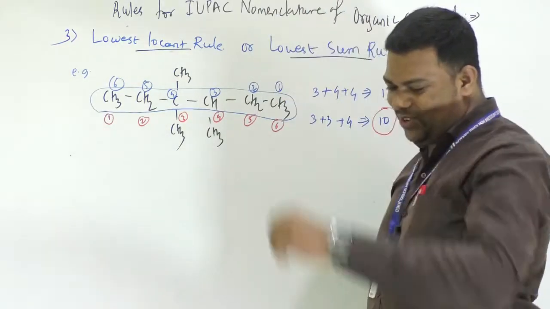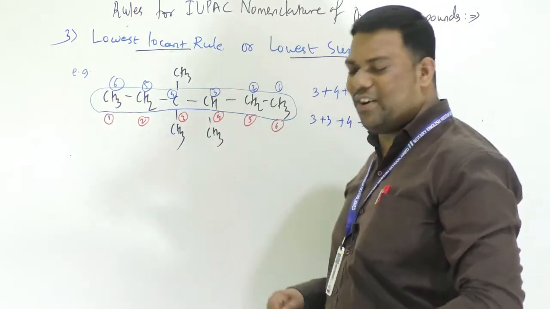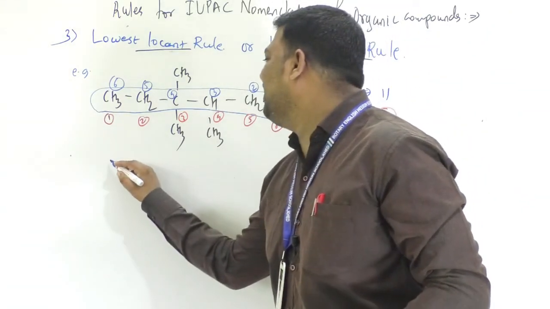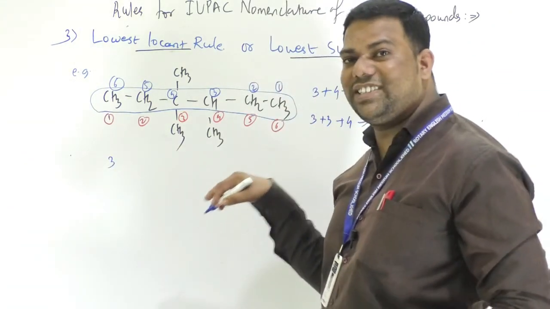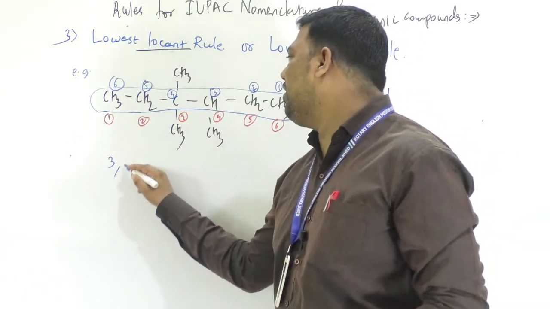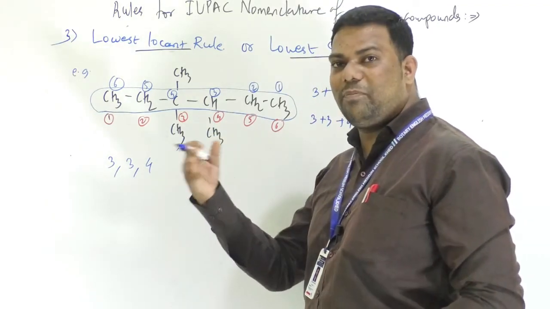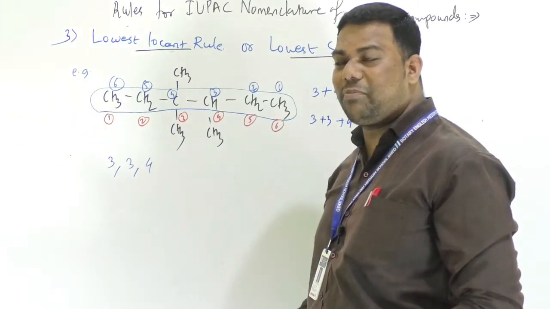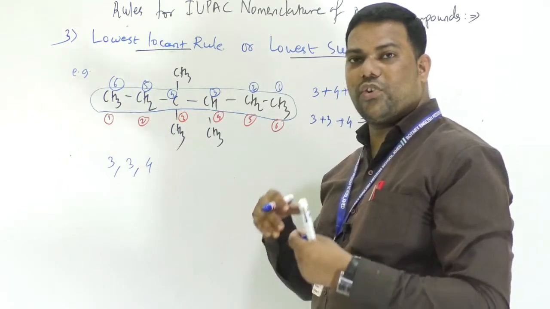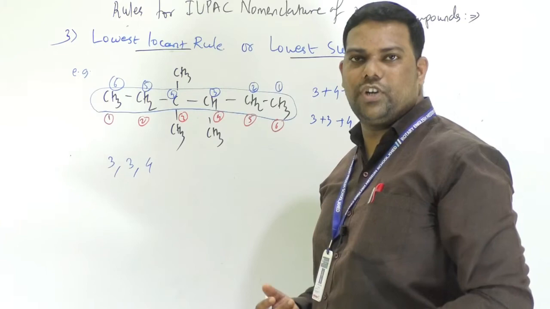So what will be the IUPAC nomenclature of this organic compound? Very easy. There are 3 substituents, so we write them as prefixes with their numbers: 3, 3, 4. When two or more substituents of the same alkyl group are present, we write di, tri, tetra according to the number of substituents.